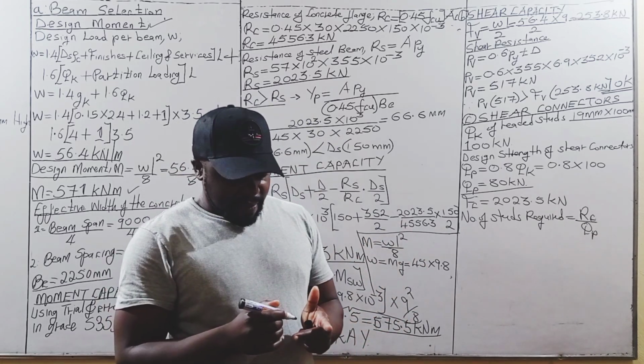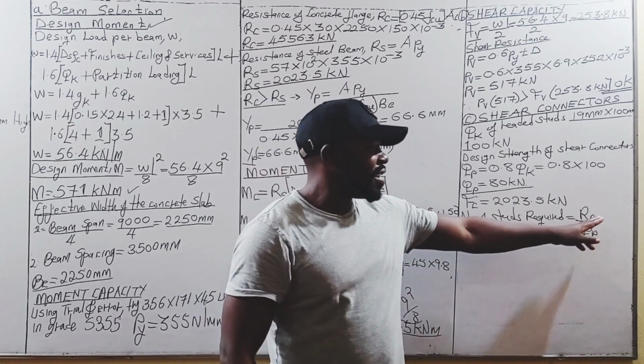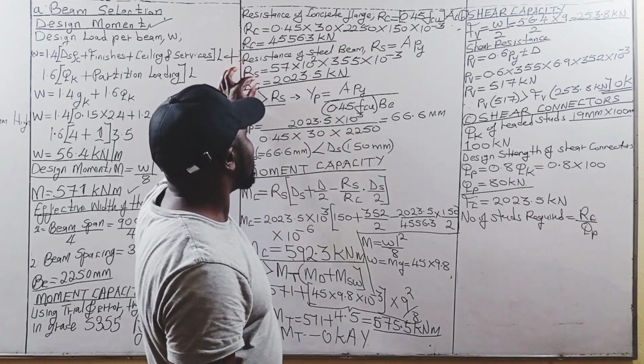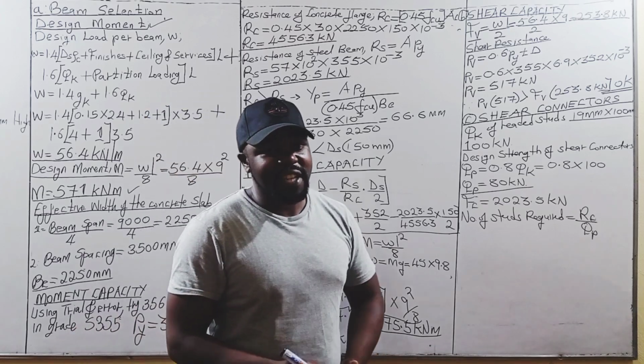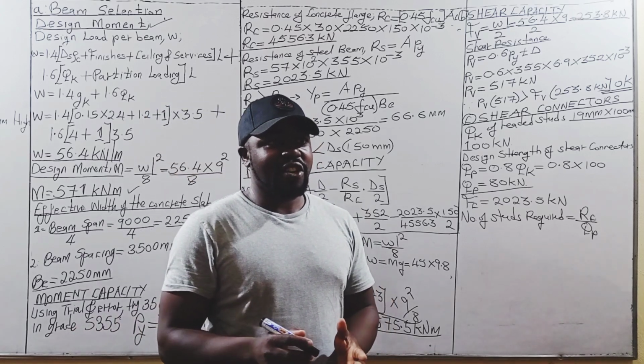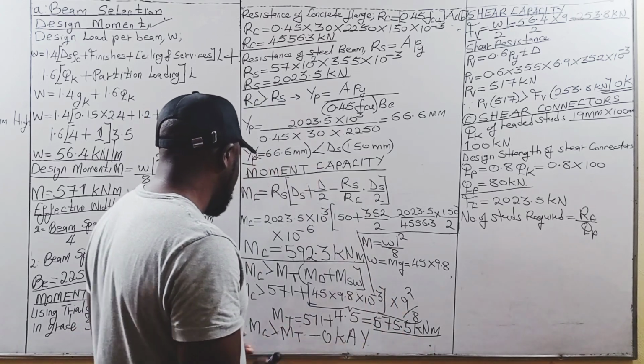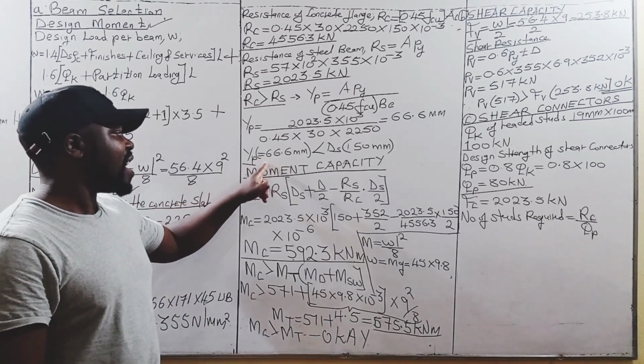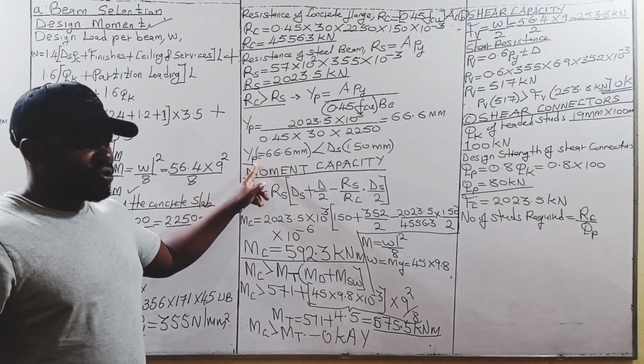Our RC is going to be 2023.5 kilonewtons, which is actually the RS, since the neutral axis will fall in the concrete slab, as we discovered from this calculation here of the depth of the neutral axis.